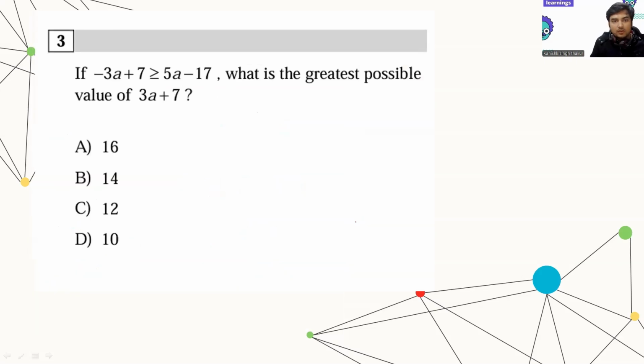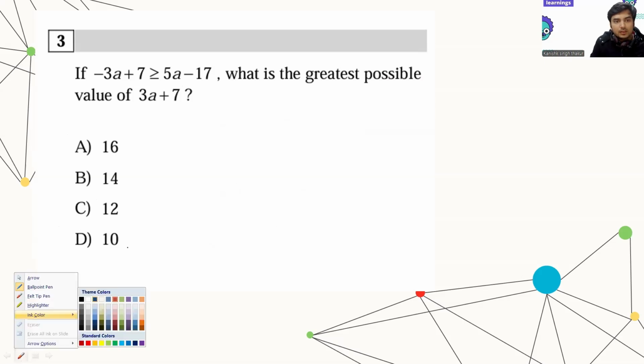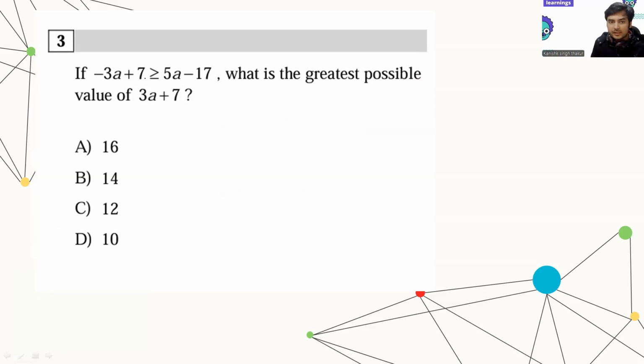Okay, so these types of things you'll get to solve. Now here you have minus 3a plus 7, but normally in the exam you have to use your Desmos. Now minus 3a plus 7 greater than or equal to 5a take away 7. I'll shift the things there, right? So 7 plus 7 is less than or equal to 5a plus 3a.